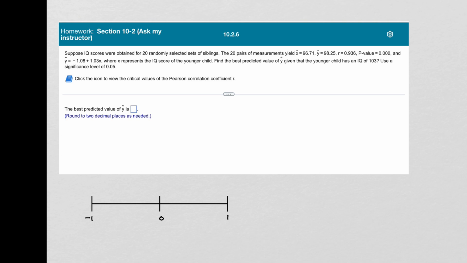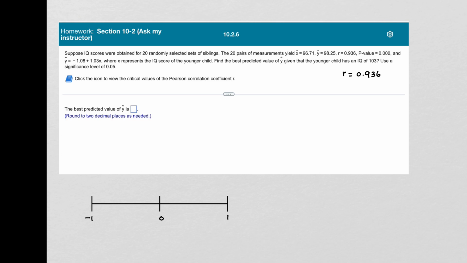So what we have to do is look at our value of the correlation coefficient, and we decide where it falls on our number line. So we've got a number line here from -1 to 1, and our correlation coefficient is 0.936.